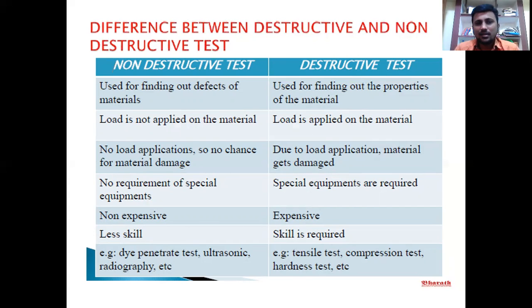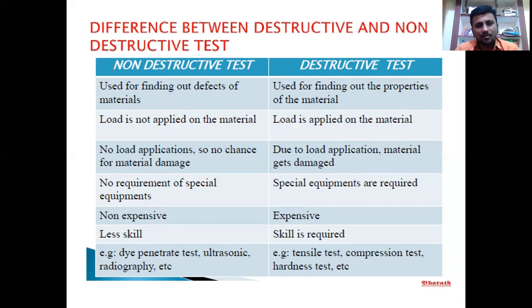In the NDT method, we are not going to apply any load, so the material structure will not be changed. But in destructive type tests, due to load application, the material gets damaged. We are applying that load, right? So the material structure definitely changes and may be damaged.